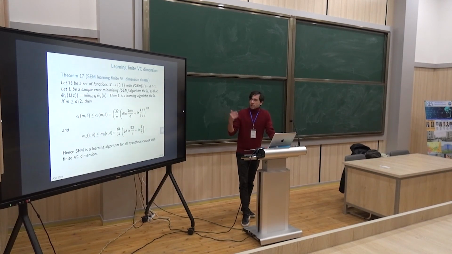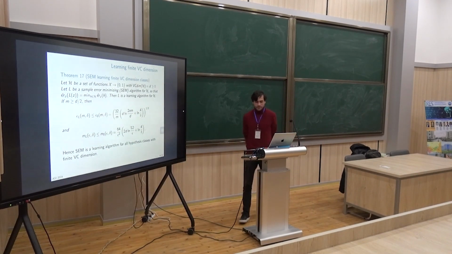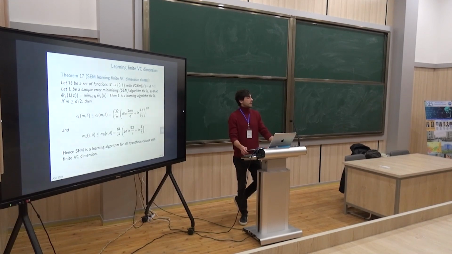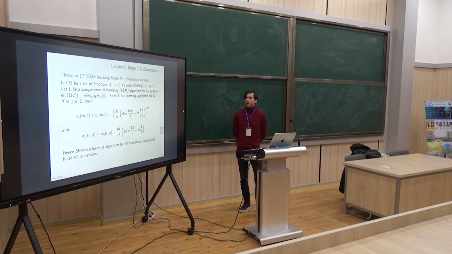And this is the result for a class of functions that contains infinitely many functions but has a finite VC dimension. We can use the sample error minimization algorithm, and that turns out to be a valid learning algorithm in the sense of our definition.